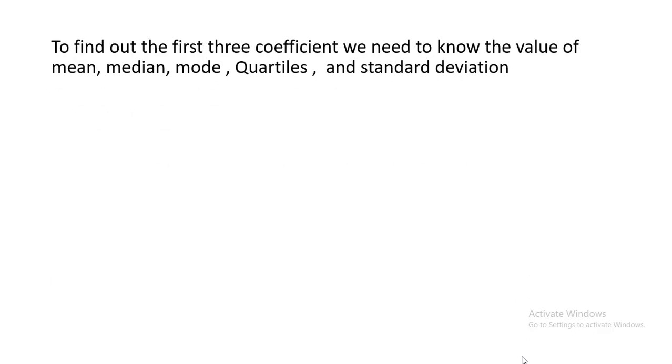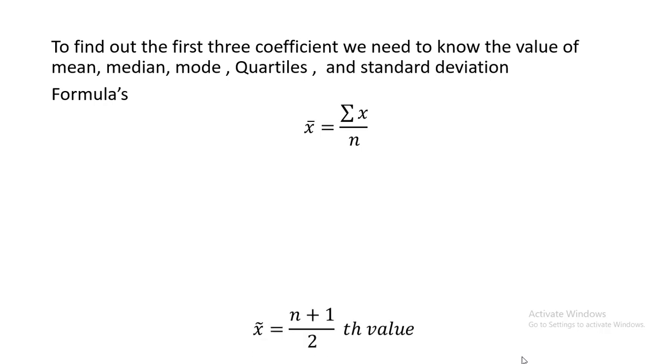To find these, we need the values for mean, median, mode, quartiles and standard deviation. The mean, x bar, equals summation x by n. It's ungrouped data, so we use the case 1 formula, summation x by n.